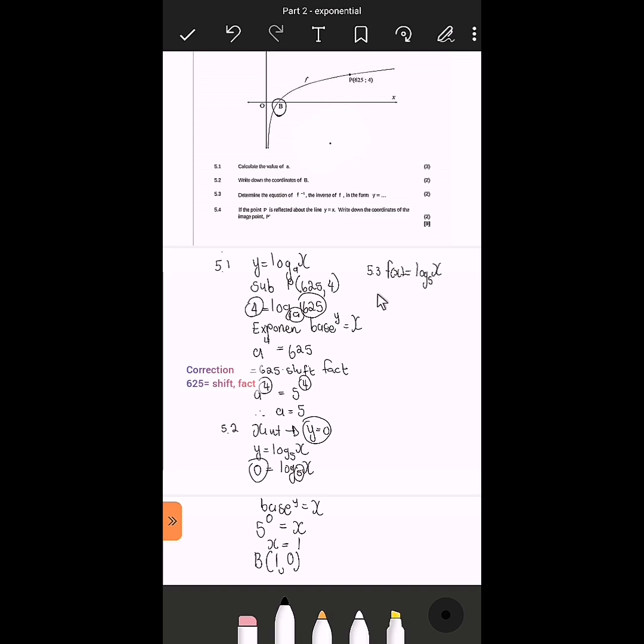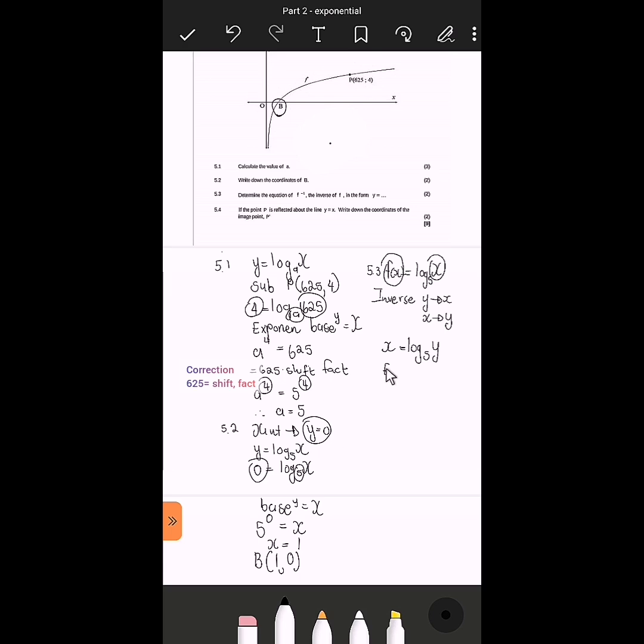If we're finding the inverse, that means we are going to swap y with x and x with y. So we write down x equals log base 5 of y.